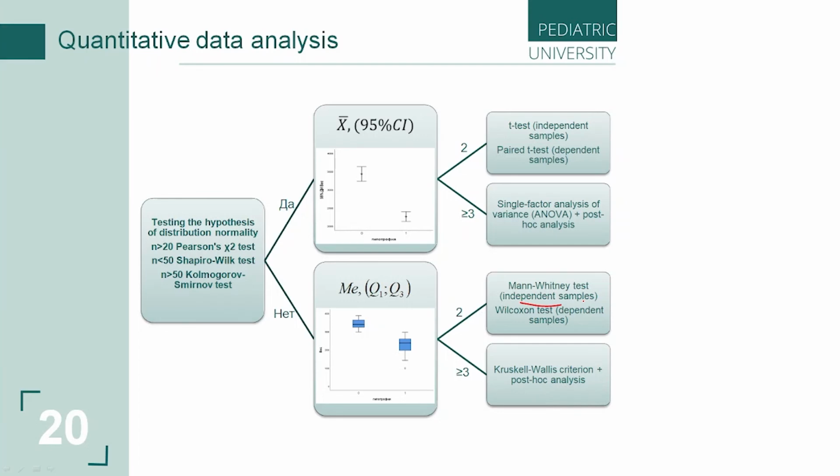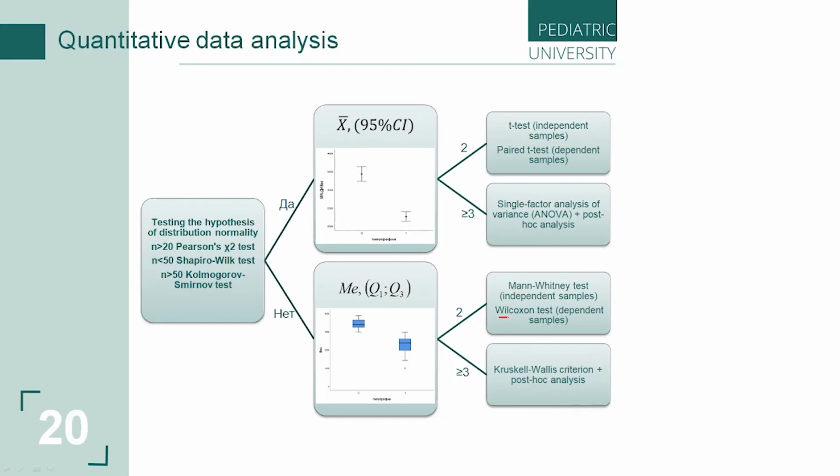Again, we must see the dependence between samples: there is or there is no dependence. So if we have two independent samples, we should use the Mann-Whitney test. If we have two dependent samples, we should use the Wilcoxon test for analysis.